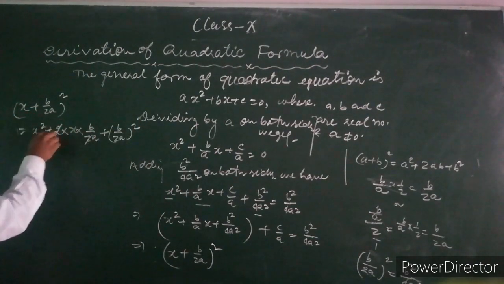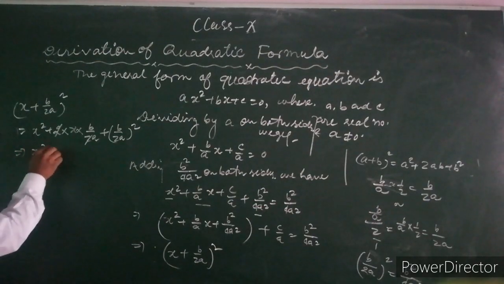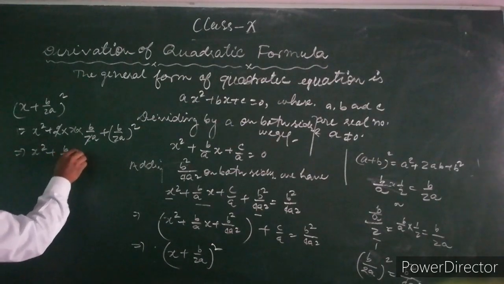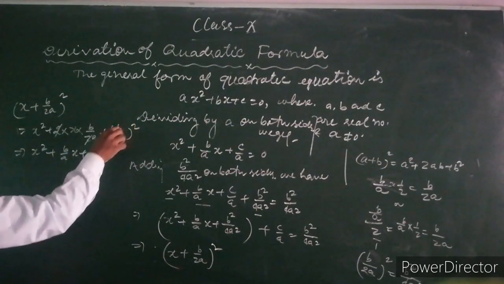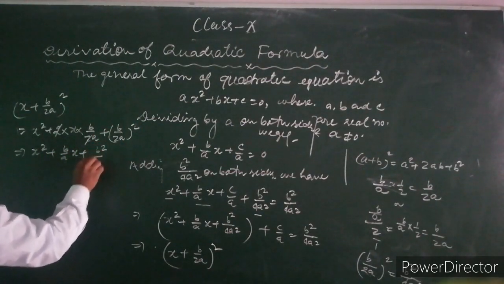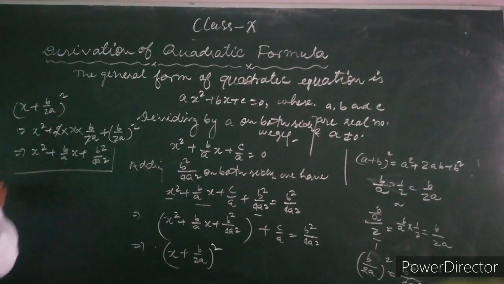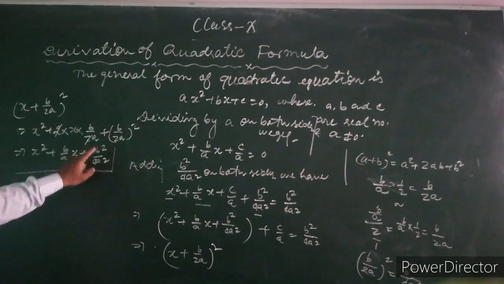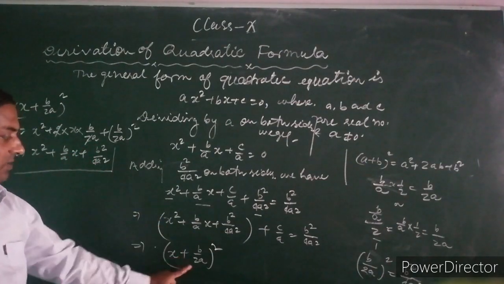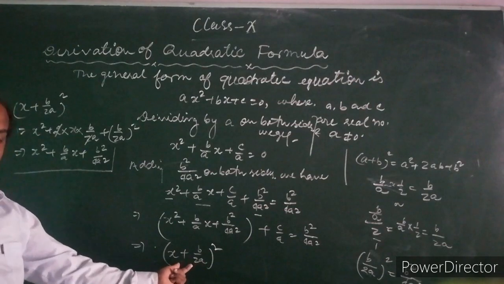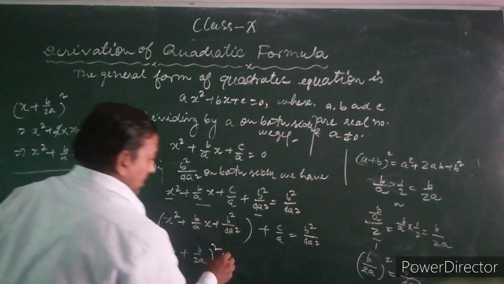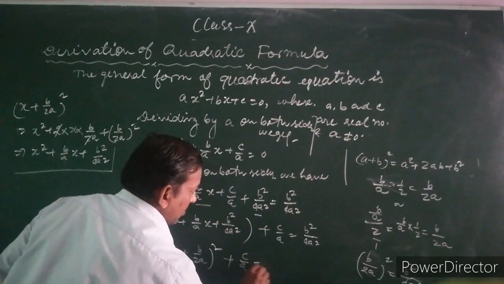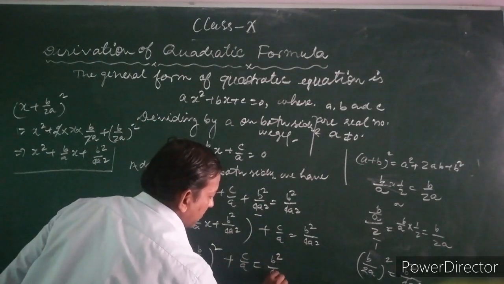The 2 and this 2 cancel. This is equal to x square plus b upon a x plus b square upon 4a square. Clear? In place of x square plus b upon a x plus b square upon 4a square, we write x plus b upon 2a whole square. That will make a perfect square. Now plus c upon a equal to b square upon 4a square.